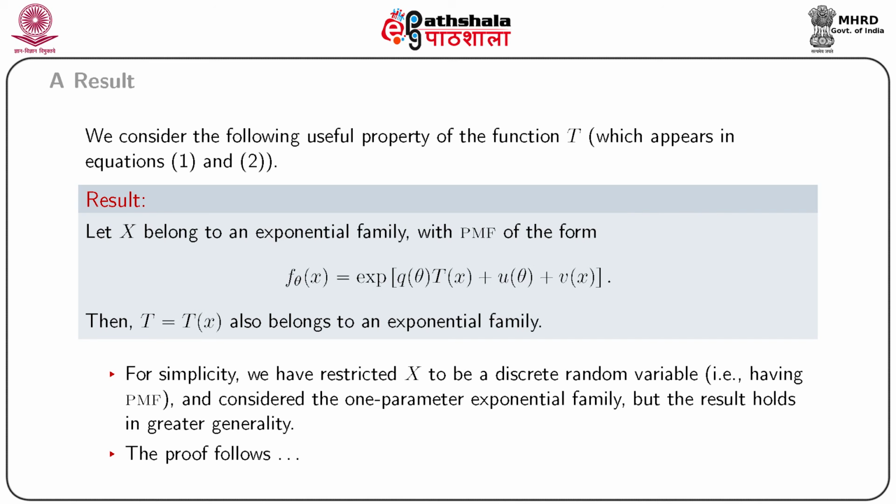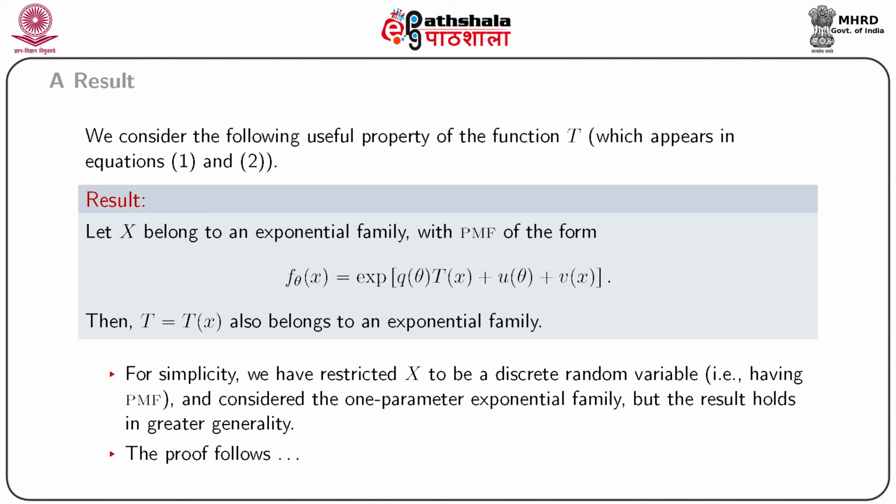If the PMF or PDF of x belongs to the one-parameter exponential family, then the PMF or PDF of T(x) will also belong to the one-parameter exponential family. We consider a proof of the result only in the discrete case.